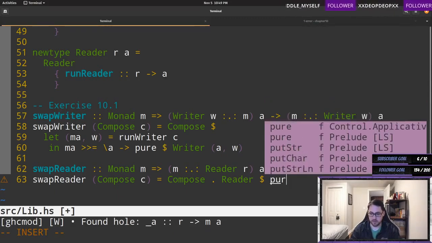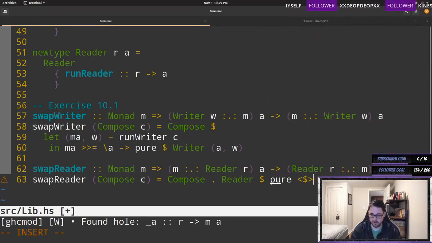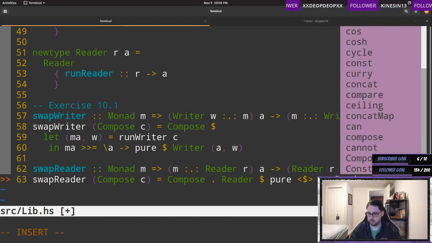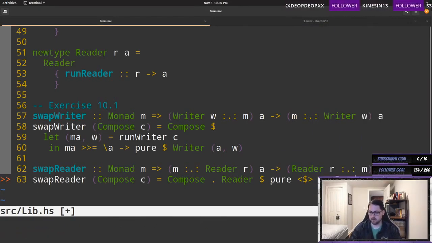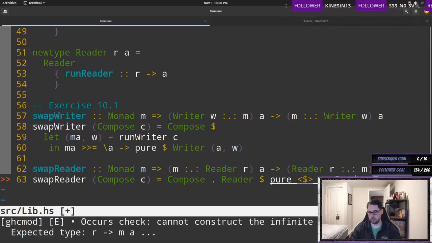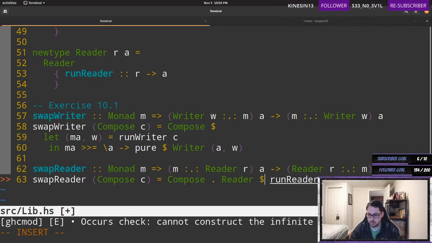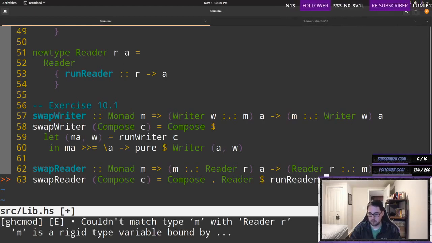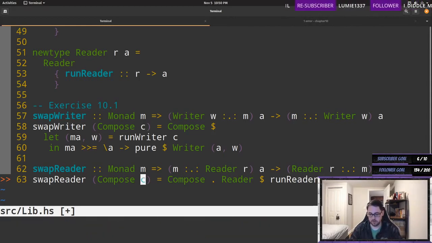Okay, so it's going to be like pure fmap runReaderC, I think. No, because runReaderC. Keep writing the wrong one.